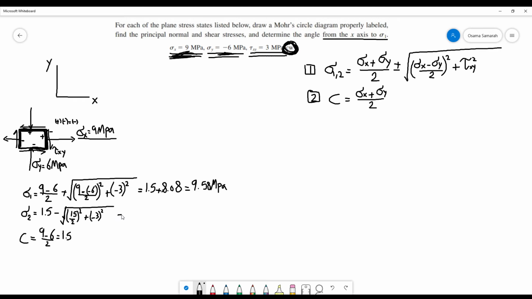And for sigma 2, it's going to be 1.5 minus 8.08, which is going to be negative 6.58 megapascals.